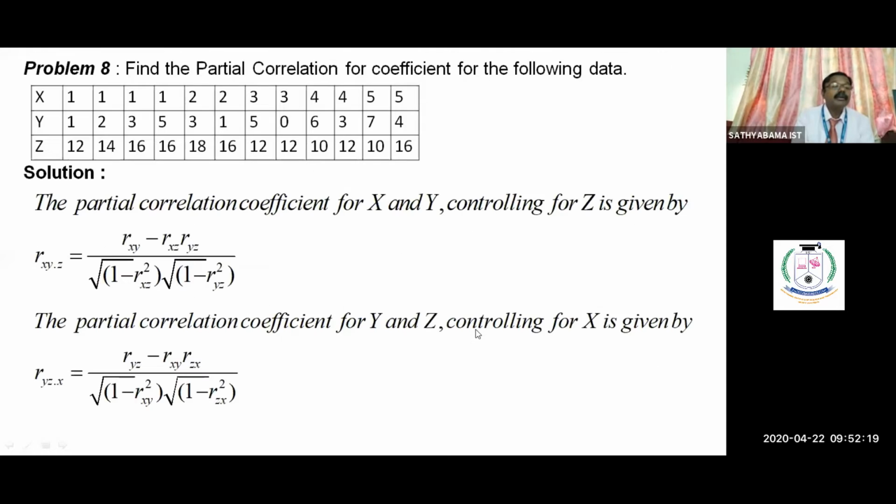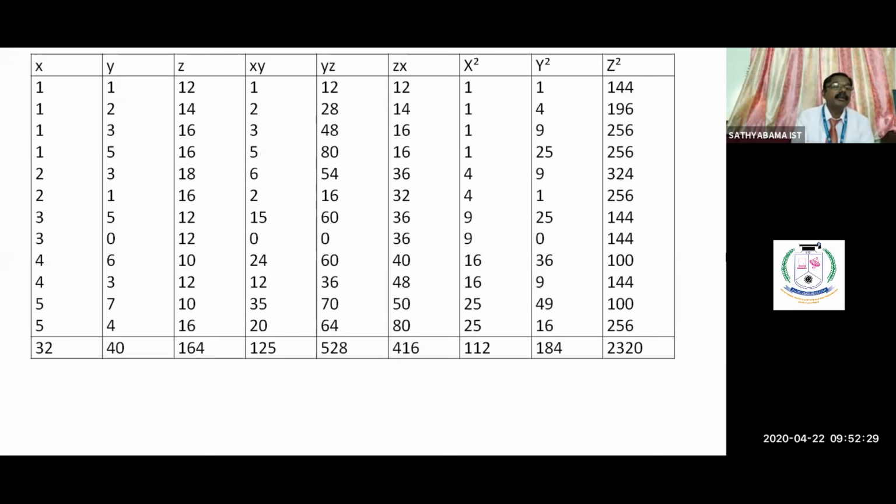Now we have to compute the correlation coefficients, that is Rxy for all. You know how to find the correlation coefficient using the direct formula. We need values from the table of x, y, z. We find xy, yz, zx, x square, y square, z square, and take the summation. The last row represents the summation of the variables.